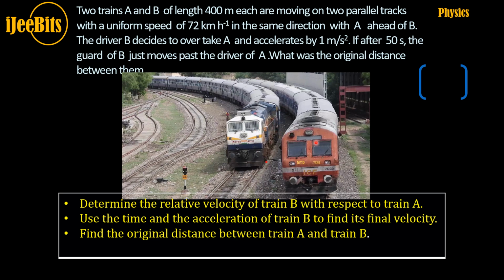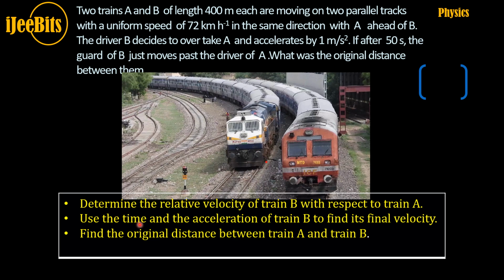After 50 seconds, train B passes train A. If you know the relative velocity of train B with respect to train A, we will be knowing the initial velocity of train B.